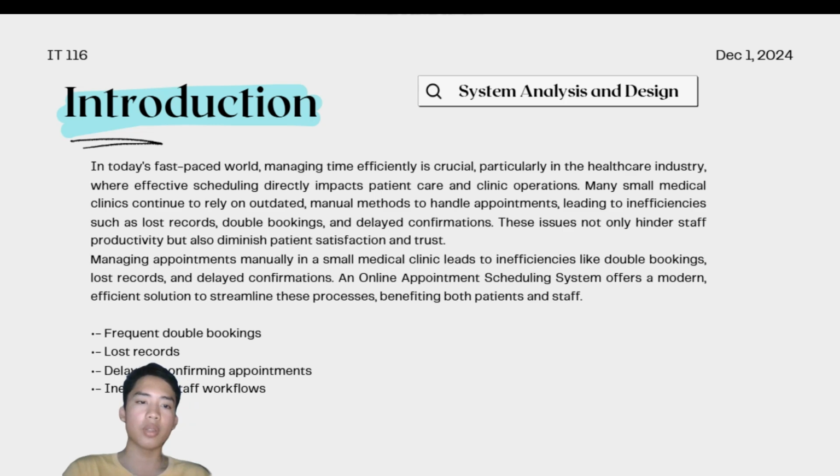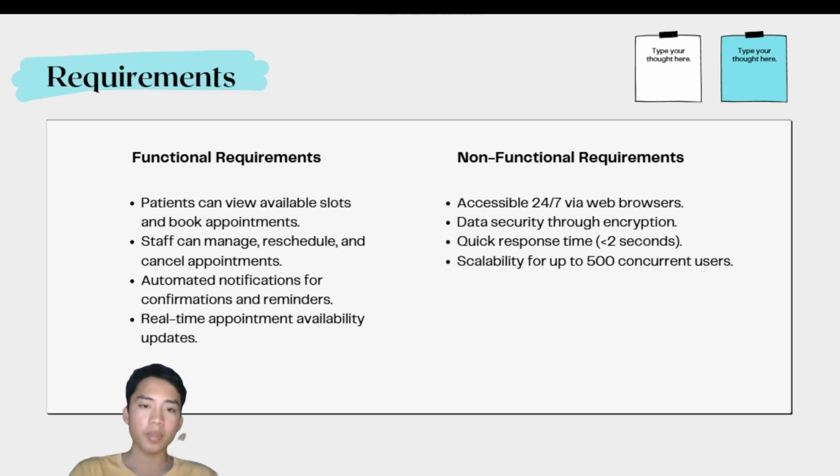First is, as mentioned earlier, frequent double bookings, lost records, delays in confirming appointments, and inefficient staff workloads. So in this appointment system, we're going to address a problem of so many small clinics. Not only the small clinics, but also the bigger or medium clinics, most specifically in the Philippines.